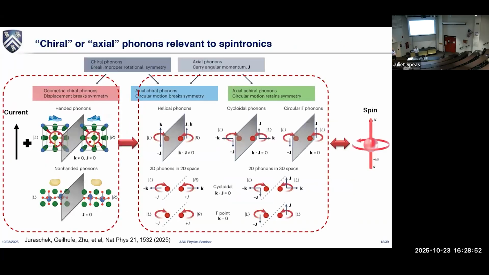For example, structural chirality, people have probed by, let's say, X-ray scattering. For chiral phonons coupled with spin, potentially we can probe with neutrons as well. Although neutron has not been done, we're trying to do some experiment there. Electron microscopy is pretty similar to X-ray, but more advanced because it has much better resolution.